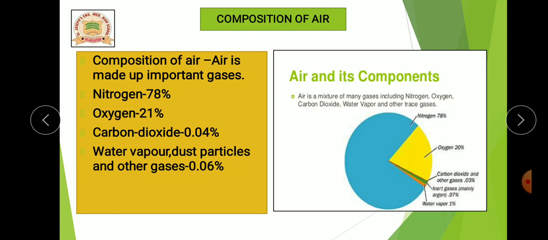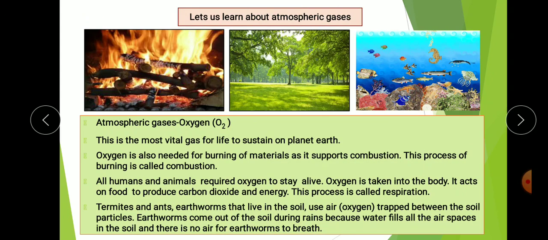Nitrogen is the highest percentage in the atmosphere, oxygen is 21%, carbon dioxide is 0.04%, and water vapor, dust particles, and other gases are 0.06%.